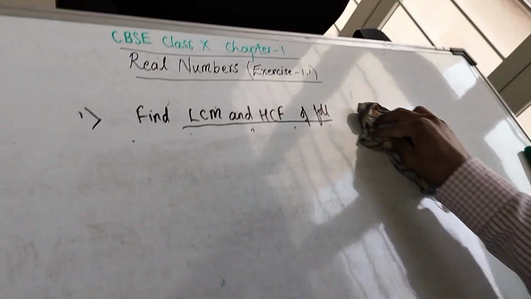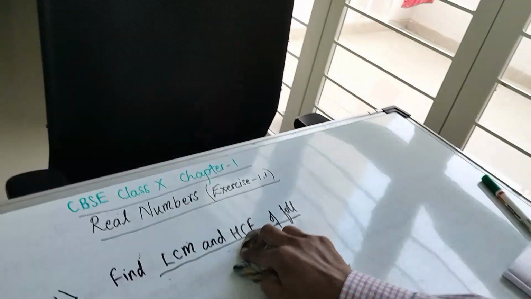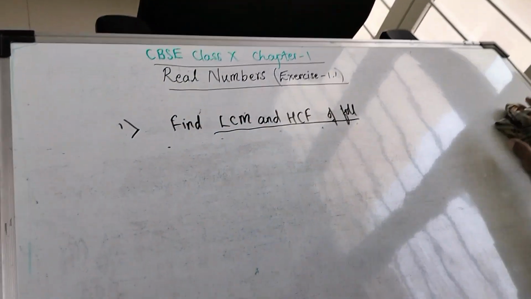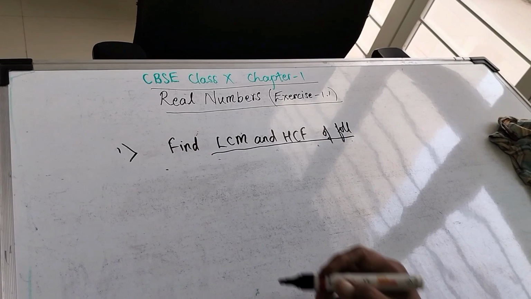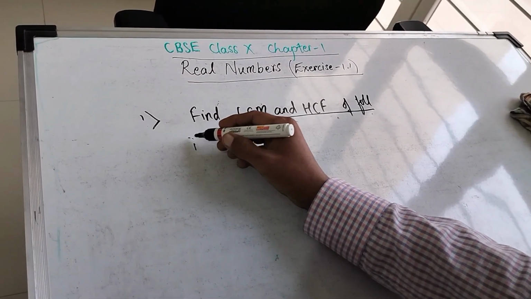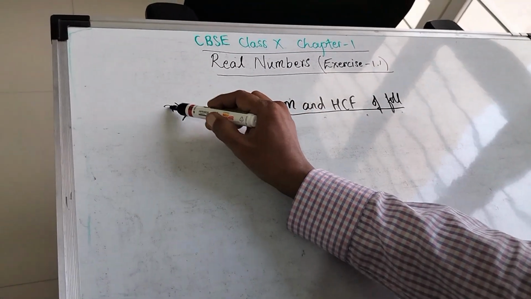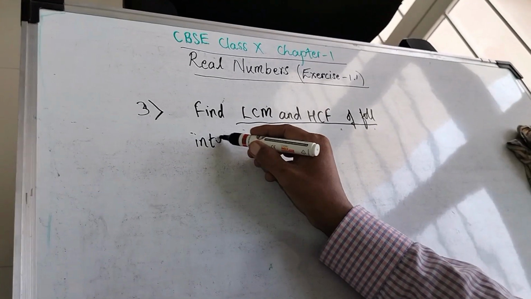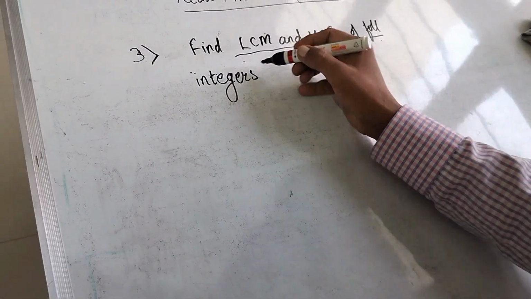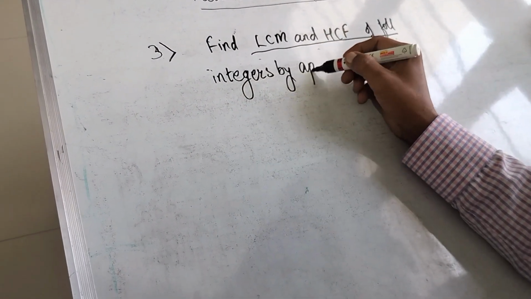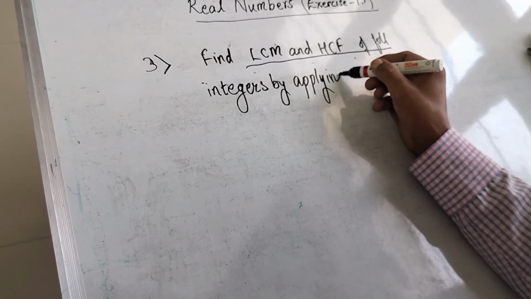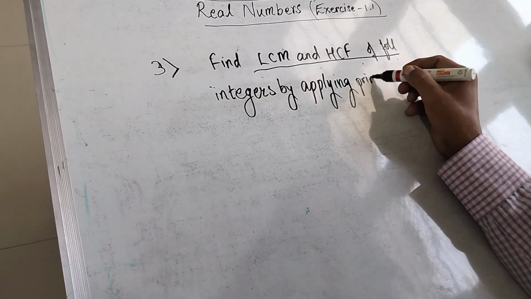Because the verification holds only for two numbers. So our third question is: find LCM and HCF of the following integers by applying prime factorization.